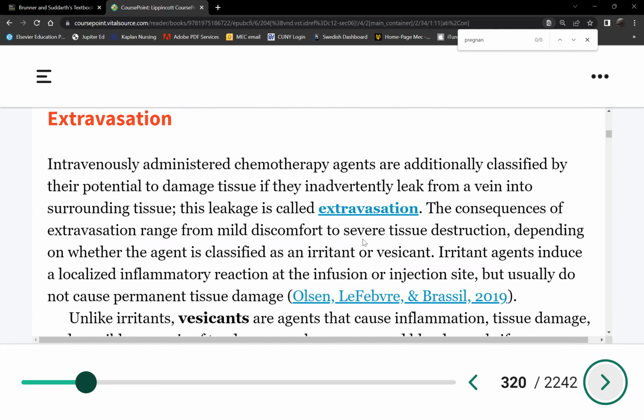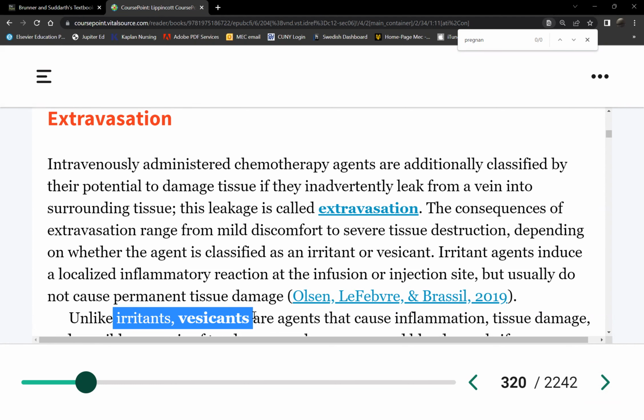One of the instructions the chemo nurse will give the primary nurse is complications during therapy. Most serious complication is the infiltration. However, since this is a chemo agent, very vesicant, meaning it's an irritant drug, highly irritating to tissues.